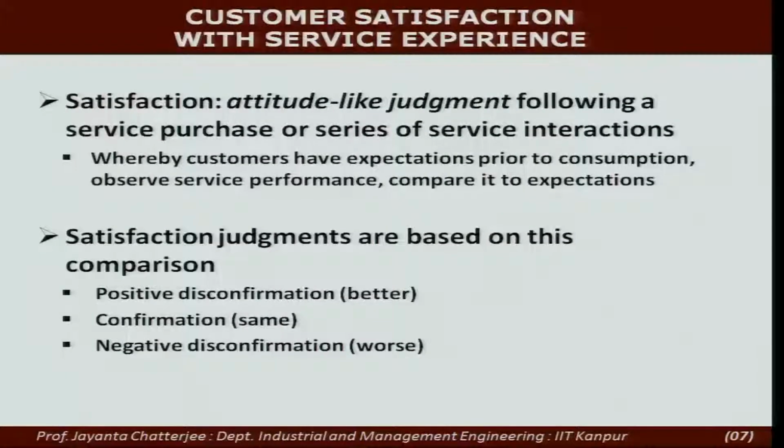This P minus E is the measure of quality, is the foundation of customer satisfaction models. There are elements inside. There are positive disconfirmation, confirmation and negative disconfirmation. That means feeling of better, same and worse.